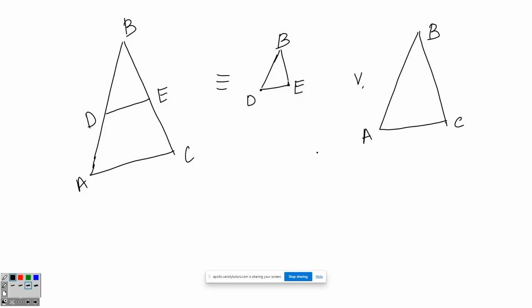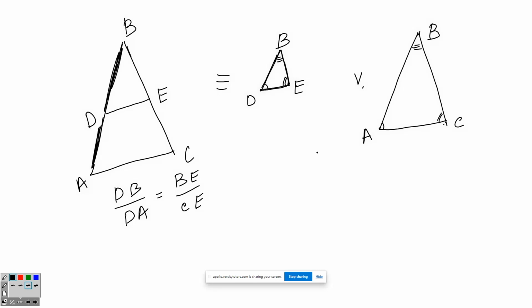We just need to make sure that these triangles are similar, which means all corresponding sides are parallel and all angles inside are the same. And again, the original statement was DB over DA equals BE over CE.